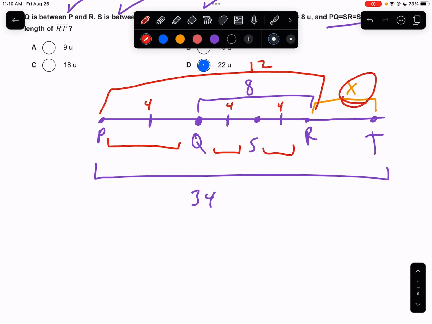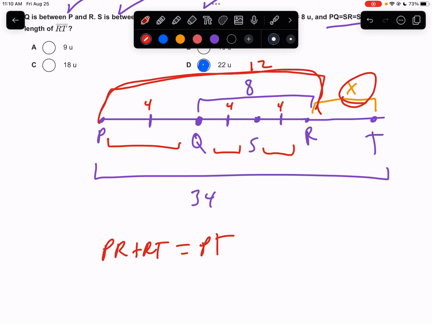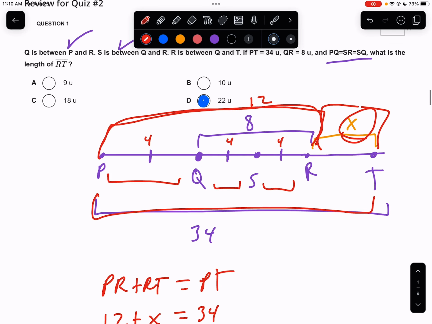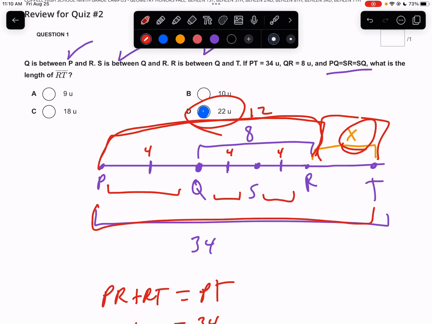And the rest of it we called X. So we know that PR plus RT has to equal PT. Right? P to R plus R to T has to equal P to T. So P to R is 12 plus X, and it has to equal the whole thing, 34. So X has to equal 22, which is the answer to the question.